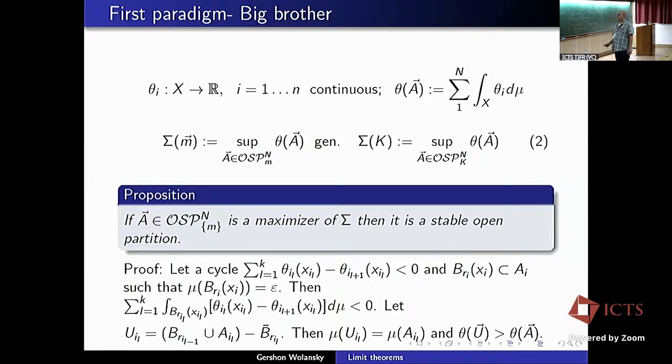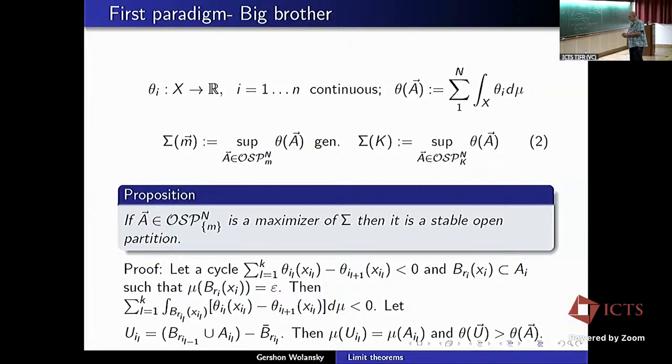And now we define a new partition. The new set at the index IL will be the union of the set AIL with the ball at the point IL minus 1, and we cut from it the closure of the ball at the point IL.